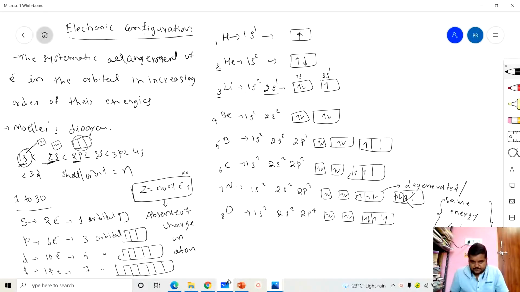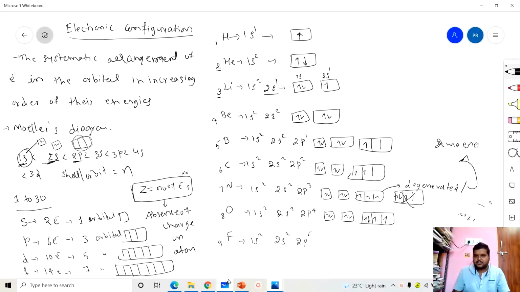Next, fluorine 9: 1s2, 2s2, 2p5. I am writing here that these are called degenerate orbitals, or orbitals containing the same energy, since maybe you cannot see it.